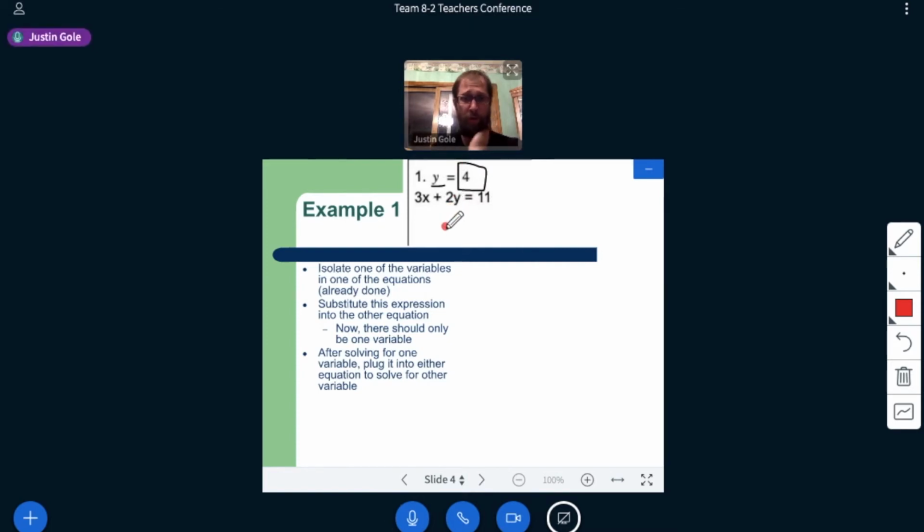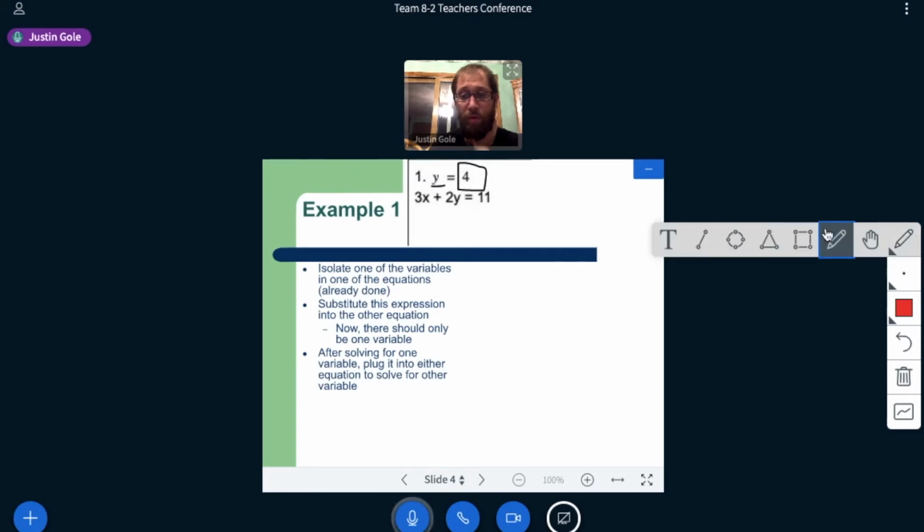So in the other equation, every time we see y, we just put the number 4 instead. Then we solve for x, and we already know what y is. y is 4. This is one of those lucky ones where we already know what y is.